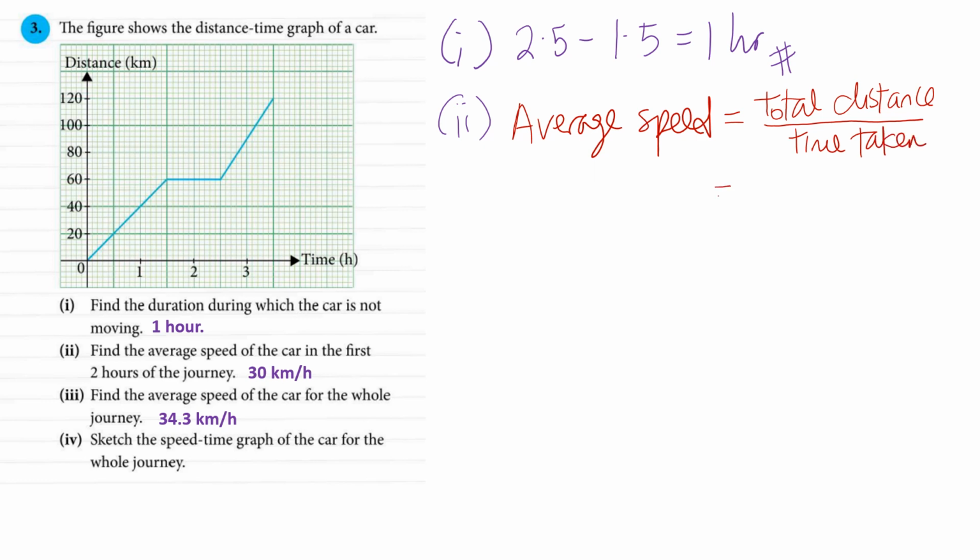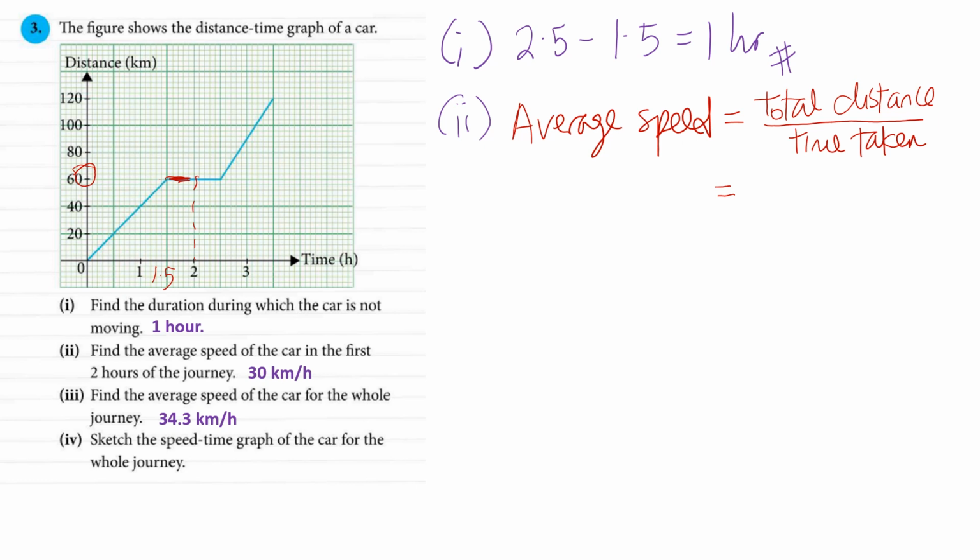For the 2 hours, we can see that the total distance traveled is just 60 kilometers. The car starts from rest, travels for 60 kilometers, and between 1.5 and 2 hours, this part here is stationary.